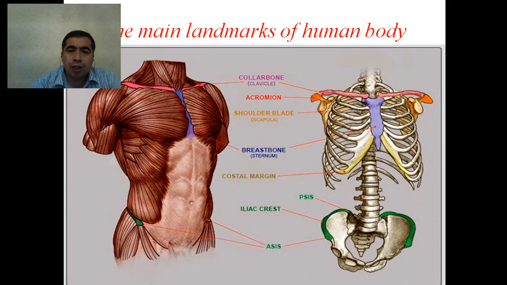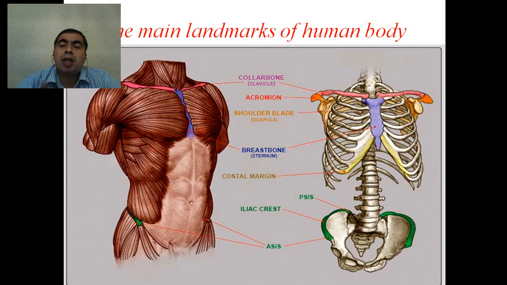And in this picture you are looking at the main landmarks of the human body. For example, you are looking at the sternum. I have noted the jugular notch, which is very important during palpation, during examination of the human body.